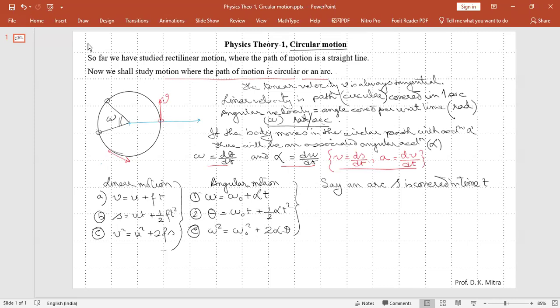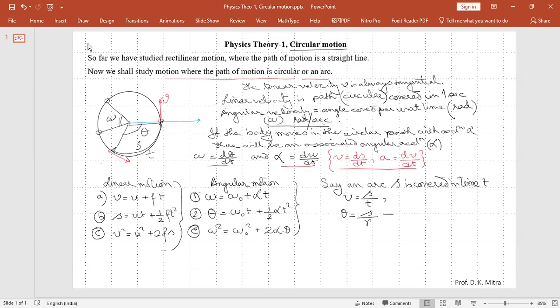If this body covers a distance, an arc of S, in time t, then the magnitude of the velocity is equal to S by t. And what is the angle theta it has covered? From geometry, angle theta is equal to arc by the radius r.